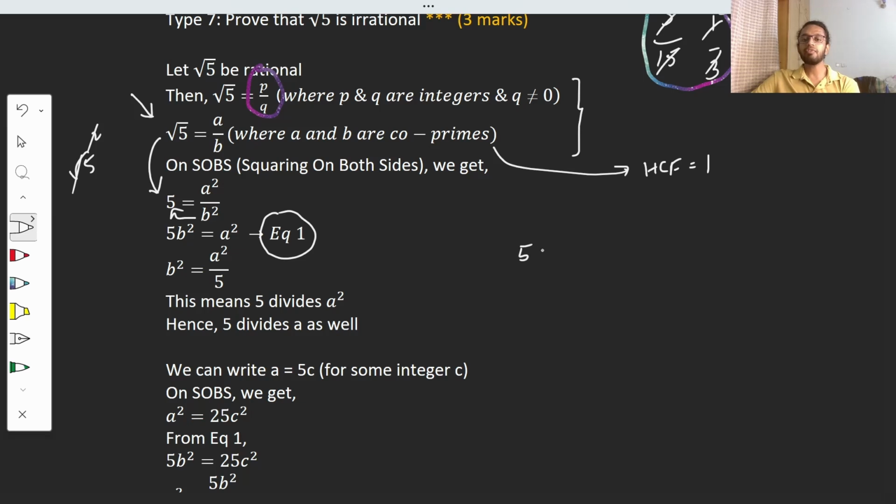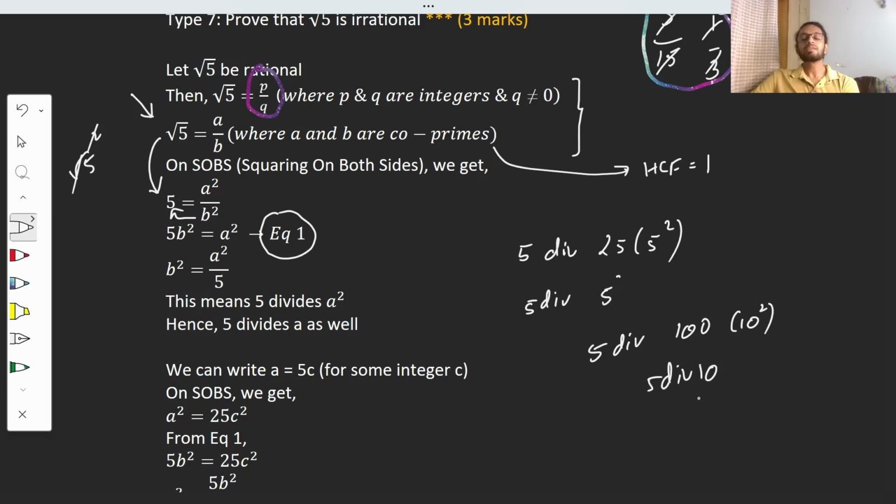For example, 5 divides 25, and 25 is nothing but 5 square, so 5 will also divide 5. For example, if 5 divides 100, which is 10 square, then 5 will also divide 10. This is something we know, and that is what we have written: 5 divides a square and 5 divides a as well.